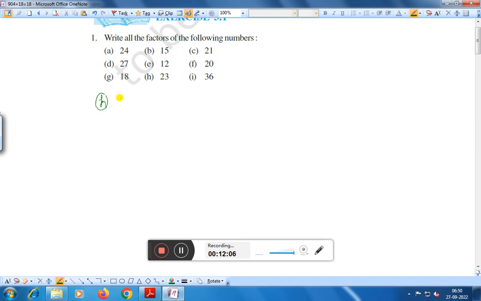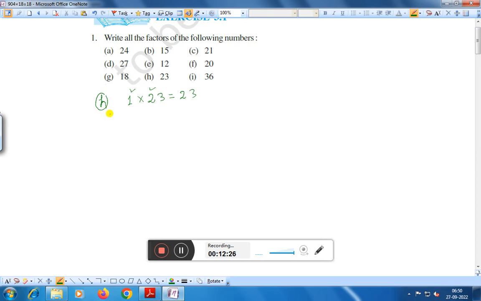The number is 23. We can write 1 into 23. Since it is a prime number, it has only two factors, that is 1 and 23, because 23 is a prime number.